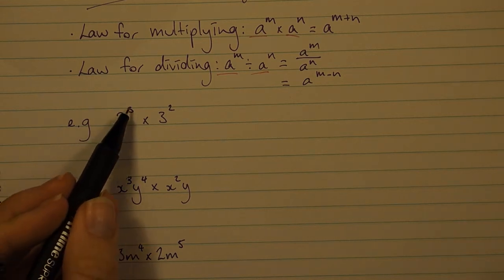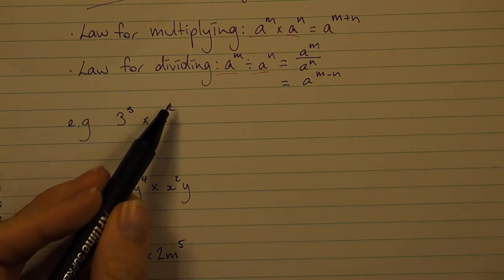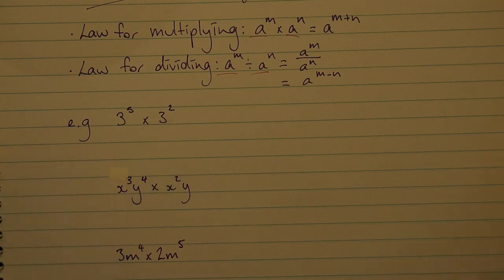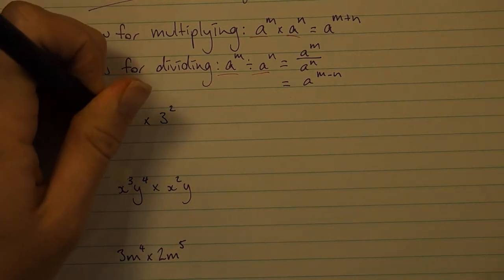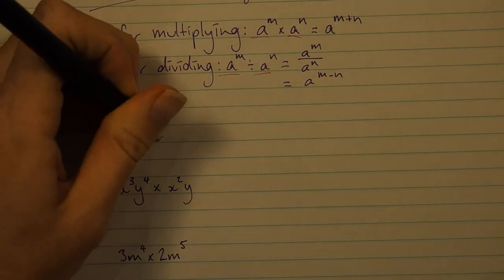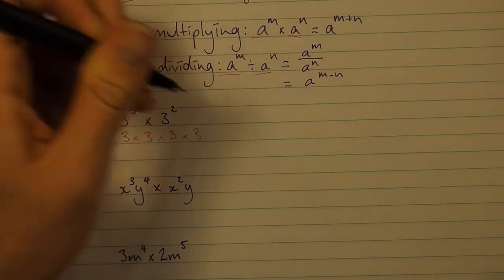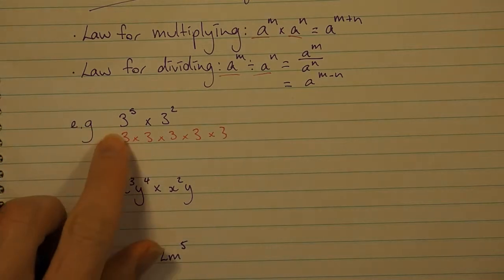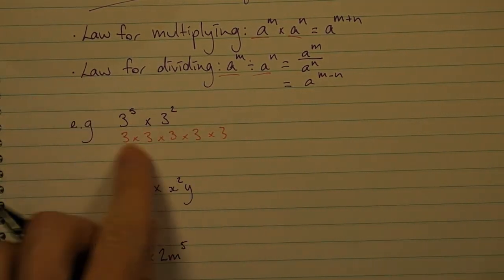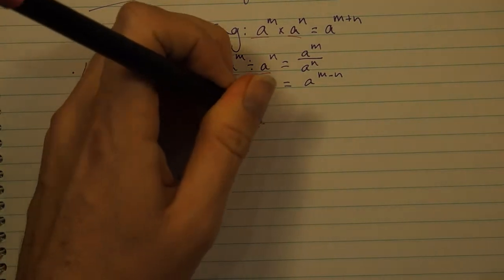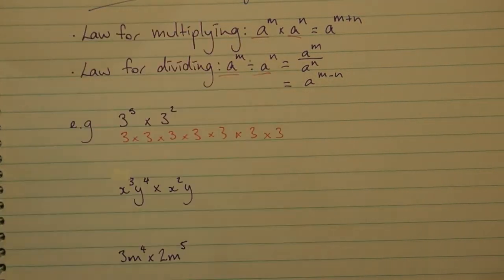So we've got 3 to the power of 5 multiplied by 3 squared, or 3 to the power of 2. If I wrote those in expanded form, I've got 3 times 3 times 3 times 3 times 3, that's 1, 2, 3, 4, 5, 3 to the power of 5. Then I'm multiplying that by 3 squared, which is 3 times 3, isn't it?